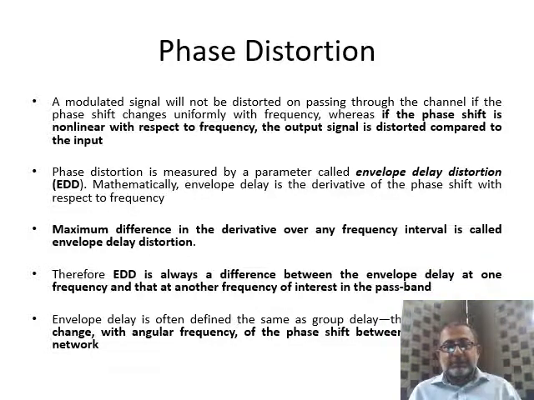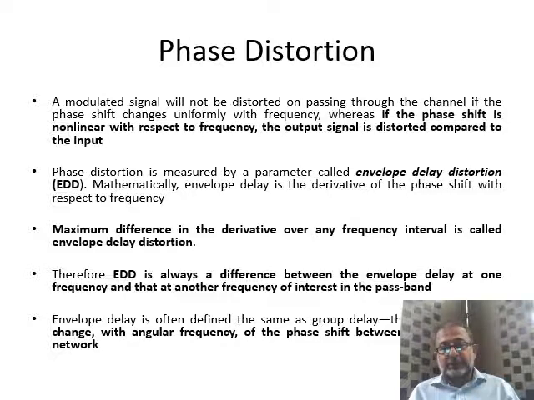The maximum difference in the derivative over any frequency interval is called the envelope delay distortion. So, envelope delay distortion is always a difference between the envelope delay at one frequency and at another frequency of interest in the passband.